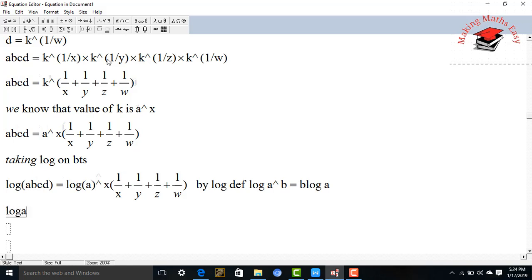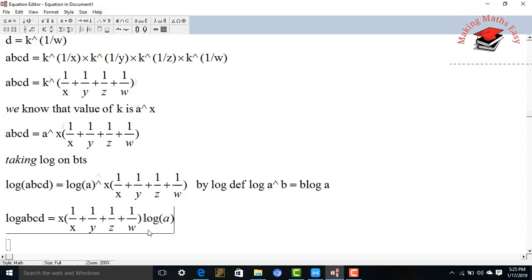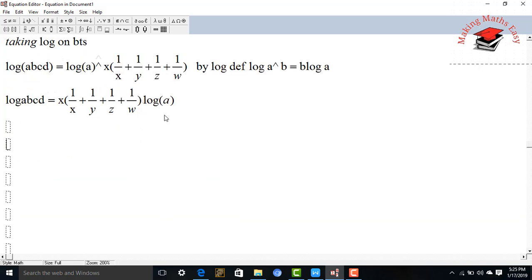As we know, log of abcd equals this expression into log of a. Another property: log a will go to the denominator as it is in the numerator.